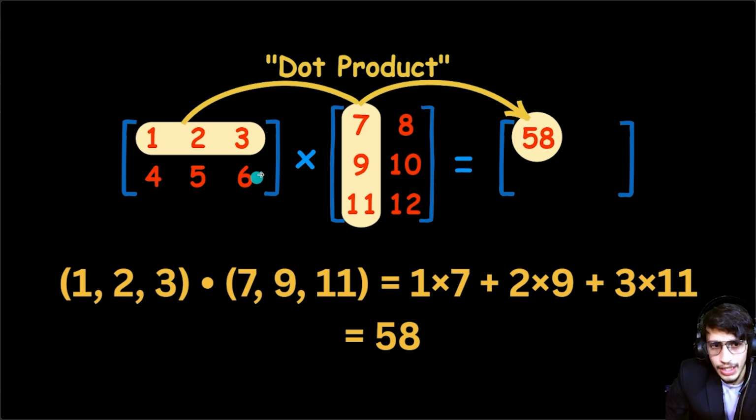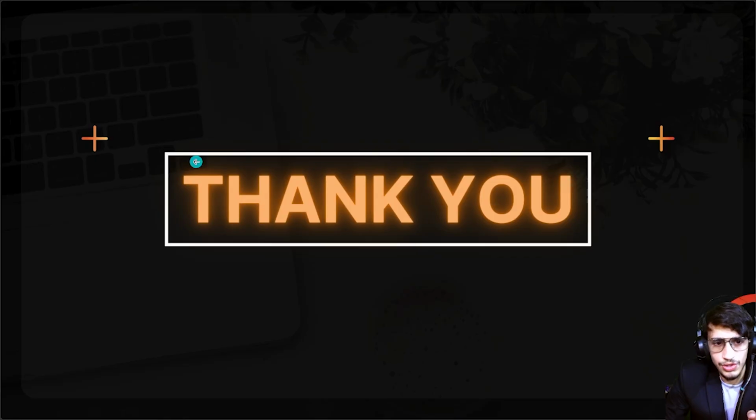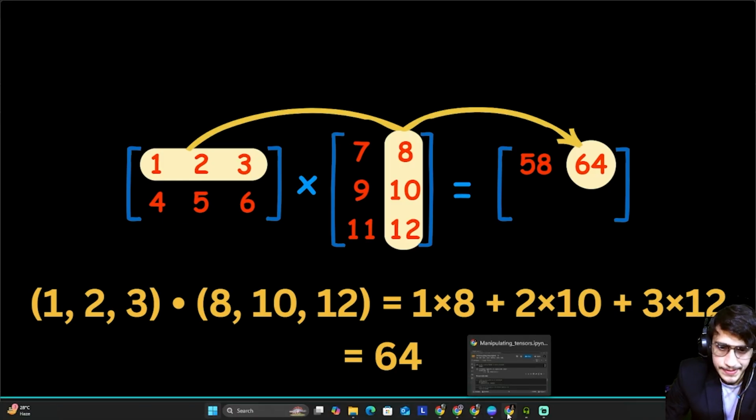The number of elements in the rows of the first matrix should equal the number of elements in the columns of the second matrix. Then only can we do the dot product. If this was 4 and this was 3, we would get an error. Then we will do this with this and get 64. So this was all about the dot product.